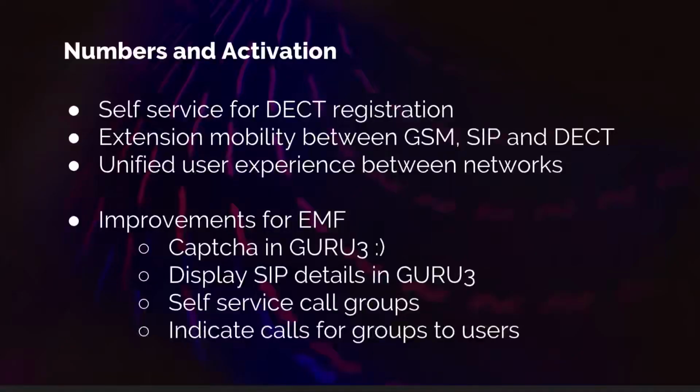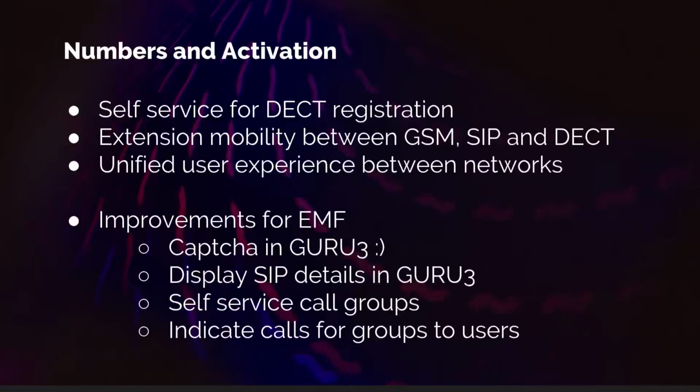So first thing, one of the big things that Event Phone put in this year was self-service for DECT registration. Those of you who've been to Congress before know that signing up and waiting to get your DECT phone online was a fairly manual process, one registration at a time. So they put a lot of work into building a service where you could just register. The DECT antennas were effectively always in registration mode, so you could just pick up your phone and say, register to network, with a default PIN.